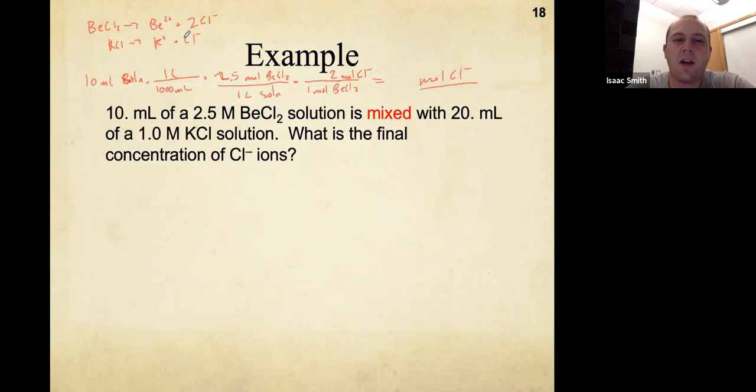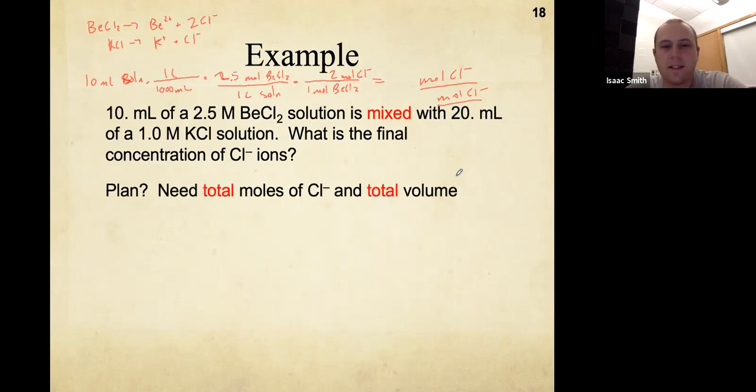We can do the same process with the KCl and we'll get moles of chloride ions given by the KCl as well. Then for the final concentration of chloride ions, we can add up the moles of chloride and divide by the volume in liters, and we should get the molarity. So that's one way to think about it.